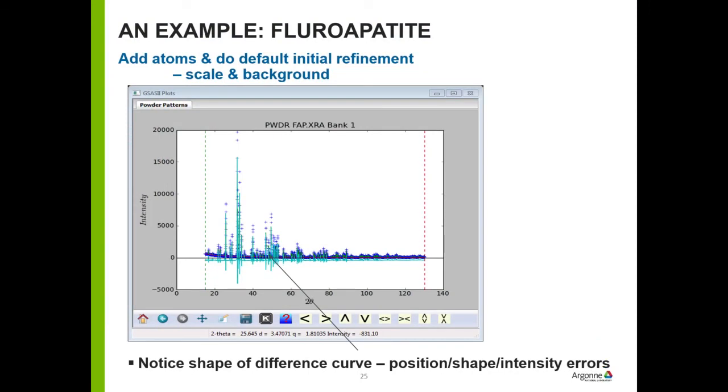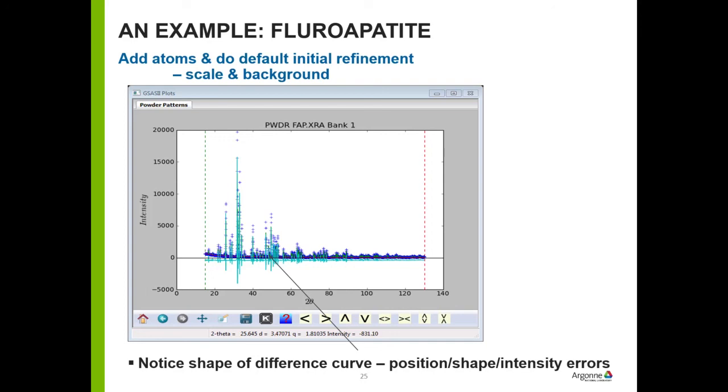I recommend that if you've never done a Rietveld refinement, you do this one in GSAS-II first. It's fluoroapatite. Historically, this is probably the oldest X-ray Rietveld refinement still in use, because it's been done so often.